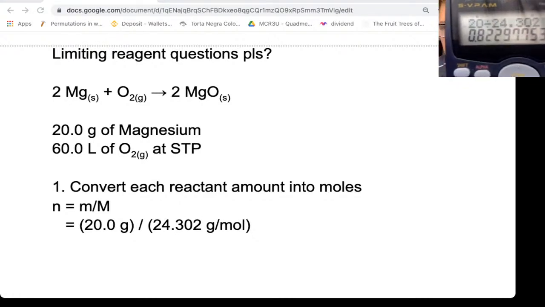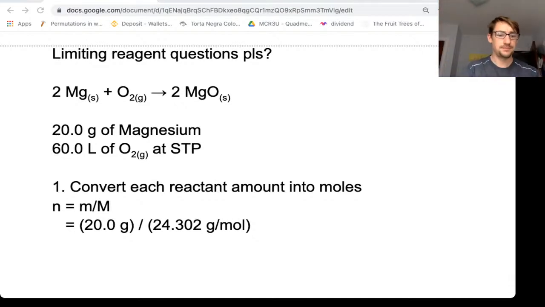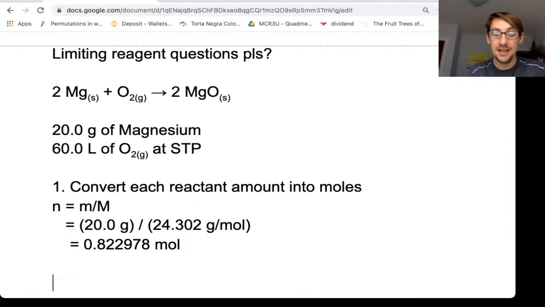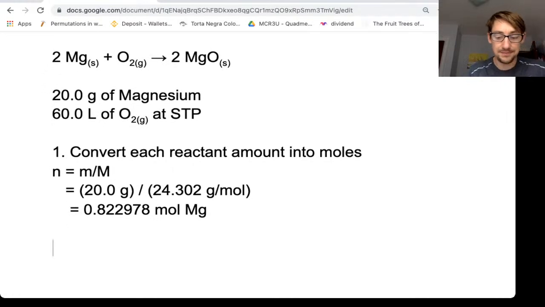When I do that math, it gives me the number of moles. The grams cancel out because I'm dividing them out. This is 0.822978. Now, I personally keep lots of decimal places until the end. It's just how I do things. And I'm going to note to myself that that's the number of moles of magnesium.